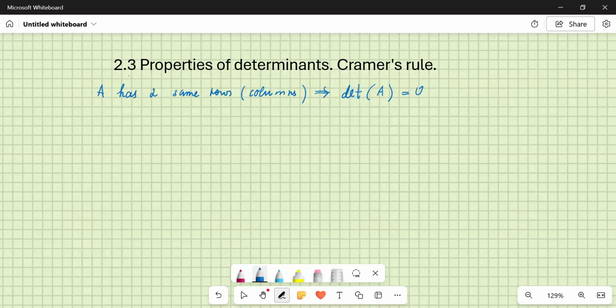Now, what is going to happen if matrix A has two proportional rows or columns?